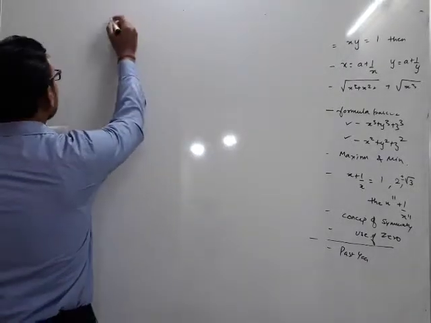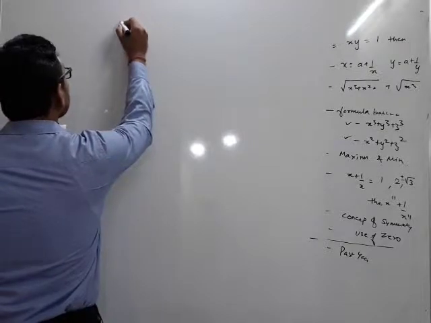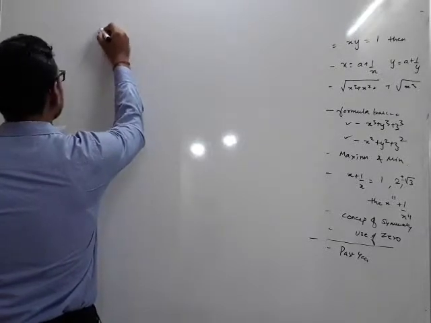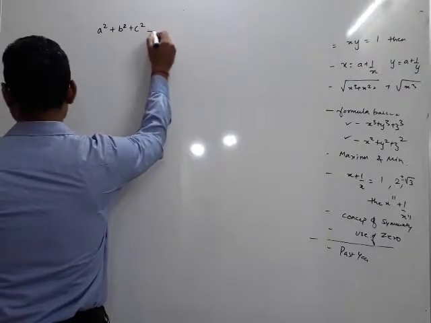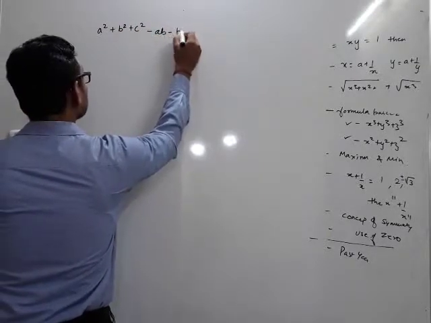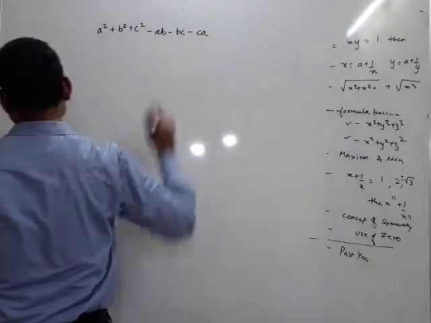This is a very common formula that we have: a square plus b square plus c square minus ab minus bc minus ca.